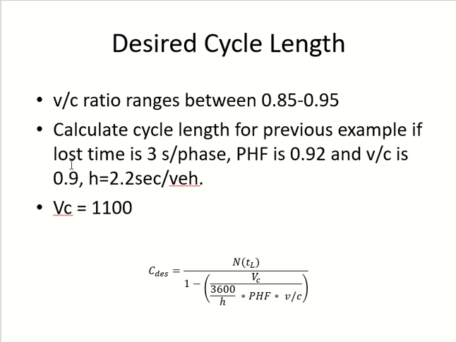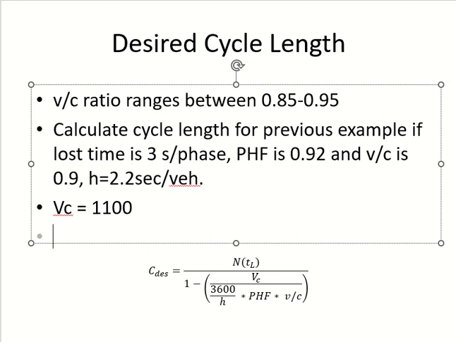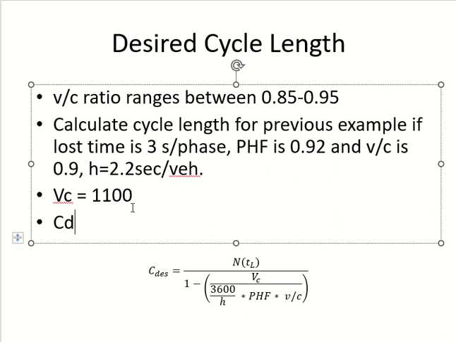So how much is the cycle length? N is 4. What? Yes, tell me. 63 point what? Yes, correct.